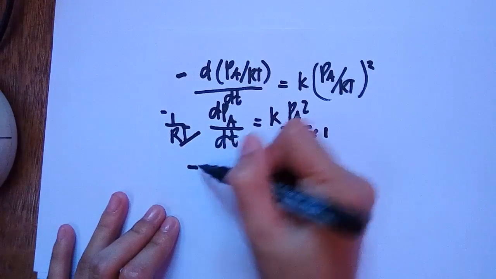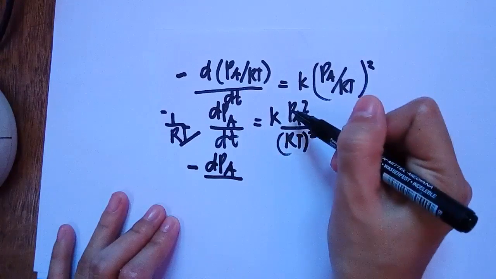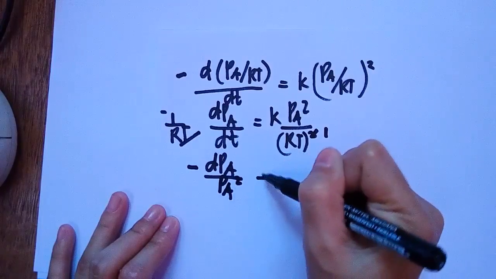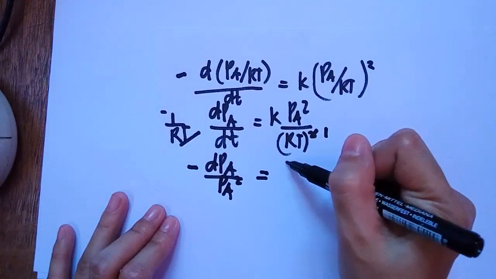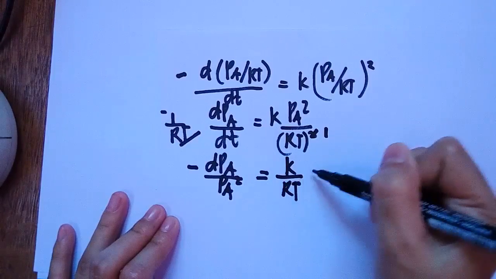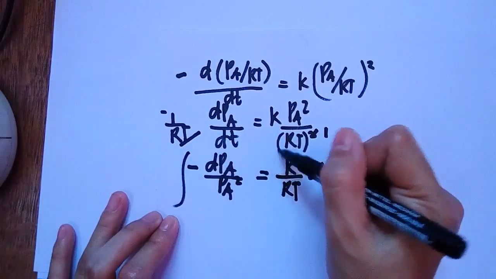So we'll have negative dPA over PA squared equals k over RT dt.